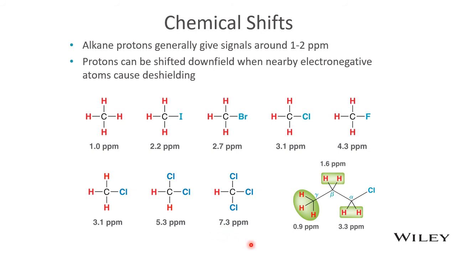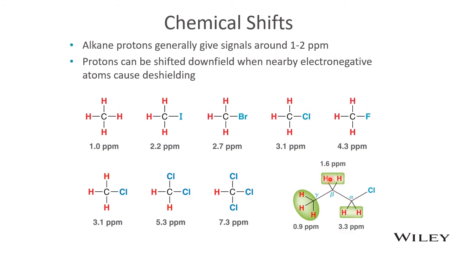Now, the proximity of the electronegative atom does influence how much the chemical shifts are going to change. For example, the hydrogens on the alpha carbon, meaning the carbon containing the electron withdrawing or electronegative atom, will show the largest effect from this electronegative atom. So these hydrogens will show a peak at around 3.3 ppm.